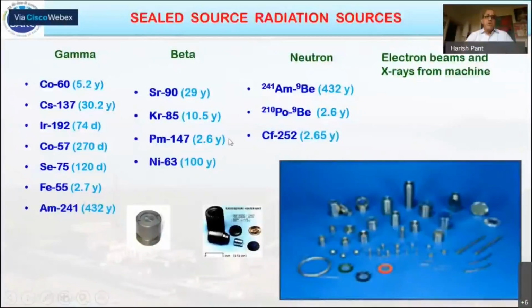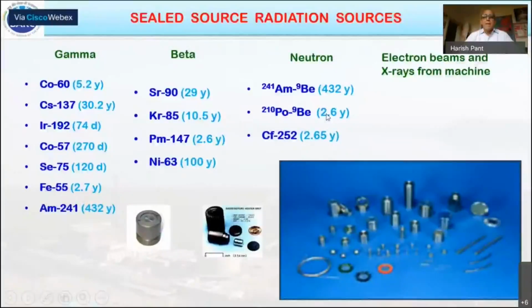Similarly, there are beta sources like strontium-90, krypton-85, promethium-147, and nickel-63. These are their half-lives here. Then there are the neutron sources. Americium-beryllium, which is a very commonly used neutron source, having half-life of 432 years.